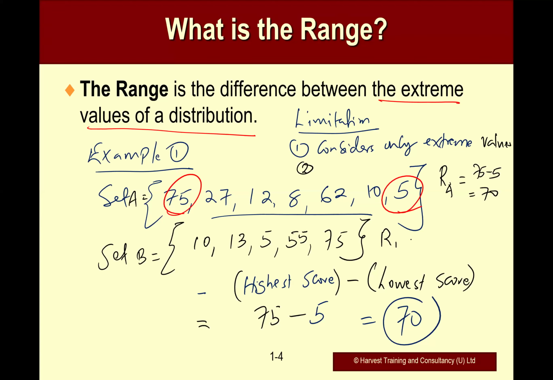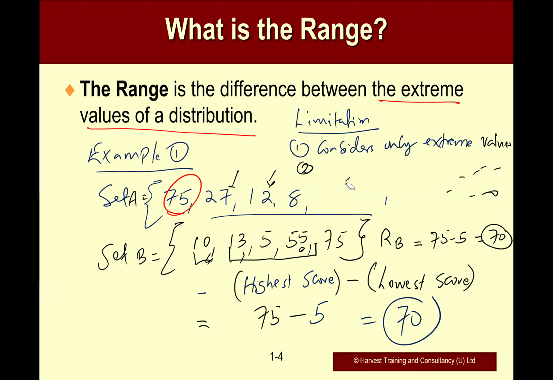The range of B is again 75 minus 5, which is 70. Yet we have different figures in set A and set B. The figures are different because we have a 10 which is not here. We have a 13 which is not here. We have a 55 which is not here. So the range causes us problems in that it does not distinguish between two sets with the same extreme values.